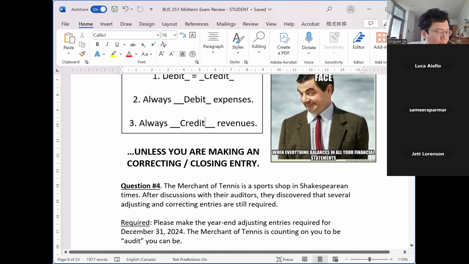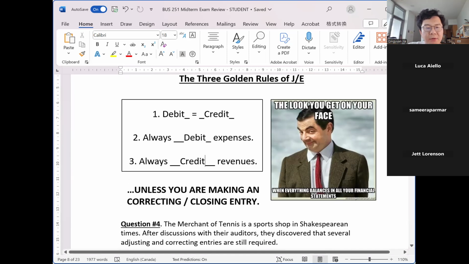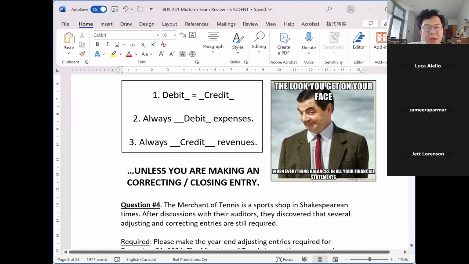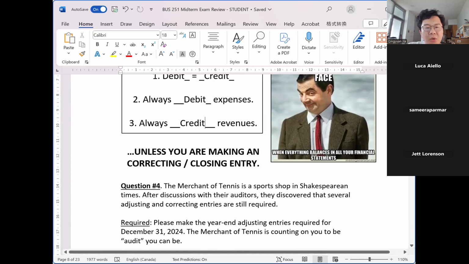But we have exceptions for this always debit expenses and always credit revenues. If we are correcting, or in other words doing an adjusting entry, or if we are doing the closing entry, then we will do the opposite.